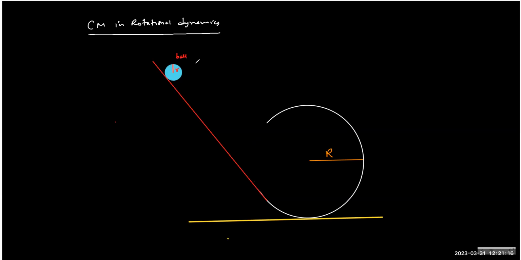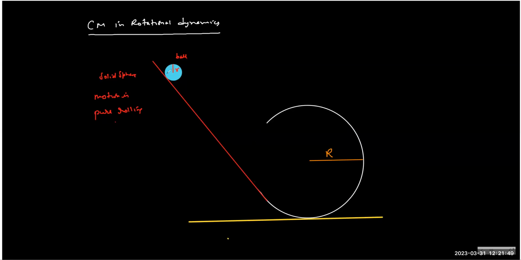It is a ball, so I will always assume a solid ball, which means a solid sphere. Friction is sufficient everywhere for pure rolling, so the motion is pure rolling. No need to worry about how much friction there is. It is doing pure rolling motion.